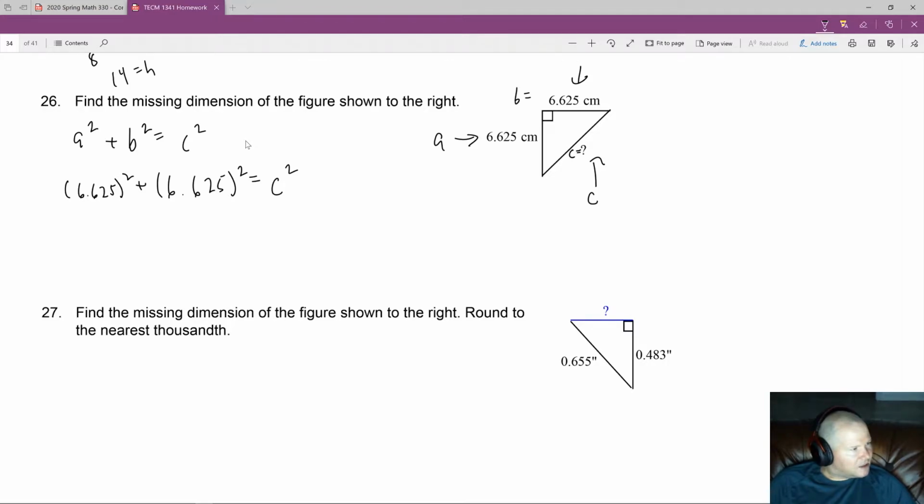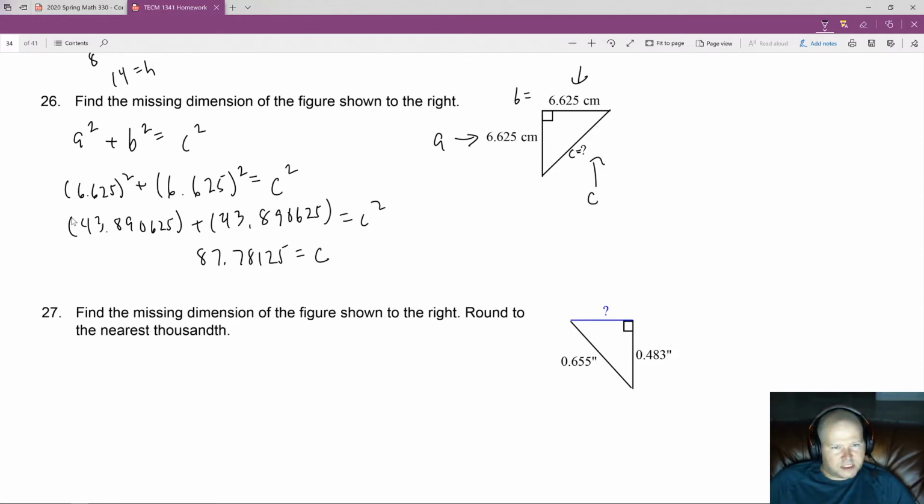6.625 squared is 43.890625, and the other one's the same, so it's going to be another 43.890625, and that gives me c squared. And 43.890625 plus 43.890625 is equal to 87.78125 is equal to c squared.